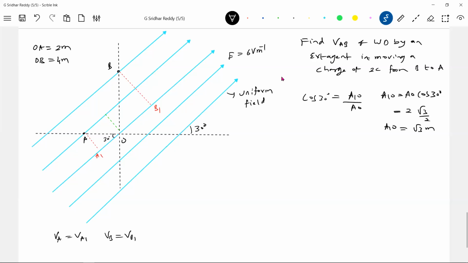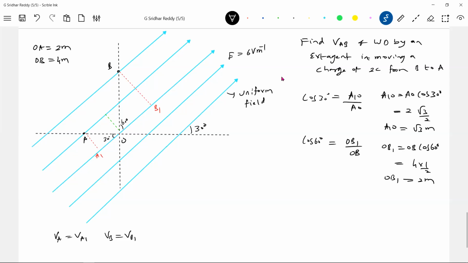Okay, fine. So that's the distance A1O. Similarly, I want the distance OB1. This angle will be 60 degrees. Cos 60 degrees equals OB1 by OB. So OB1 equals OB cos 60 degrees. The distance OB is 4 into 1 by 2, that is 2 meter.